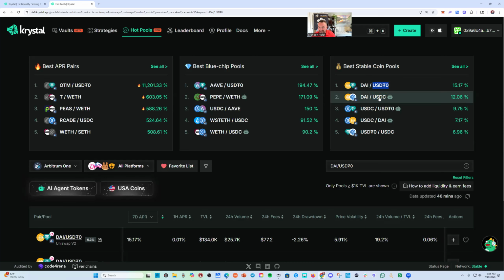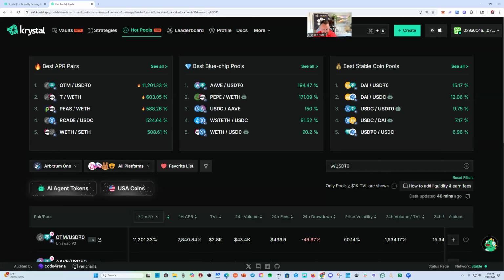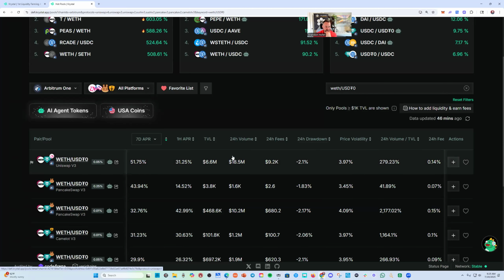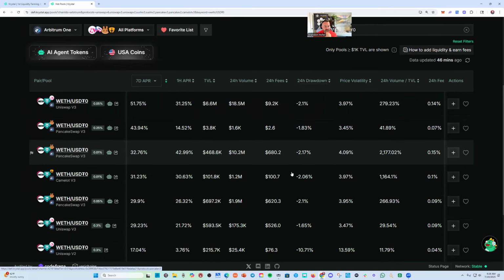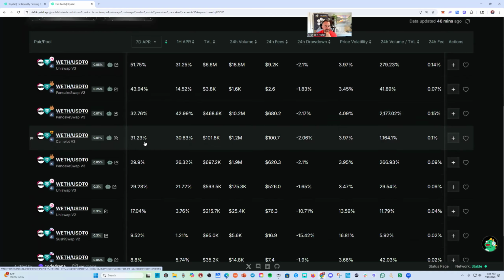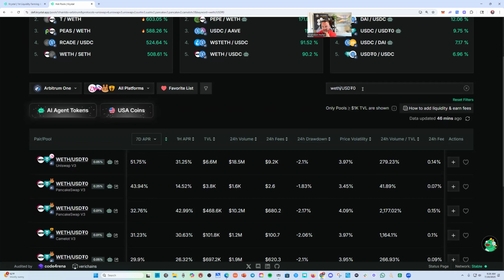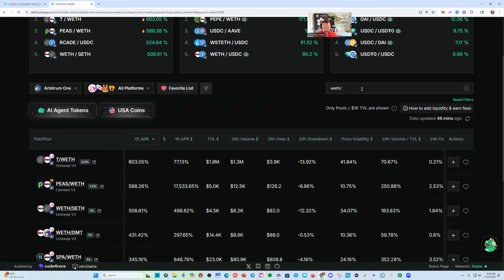Maybe I can copy this. So I would have to do that. There's my ETH. I thought it was weird that ETH and USDT wasn't available. So again, I'm going to get some pretty similar percentages here, and it looks like USDC is going to be the winner in this case.